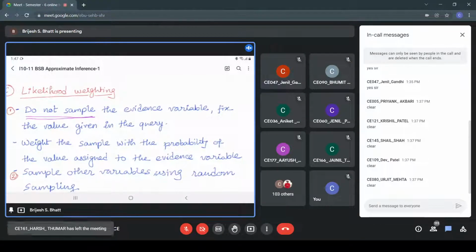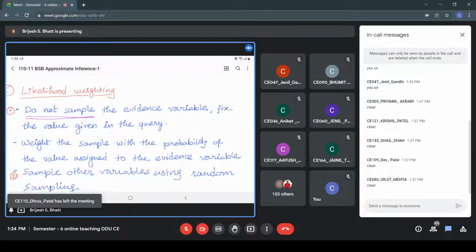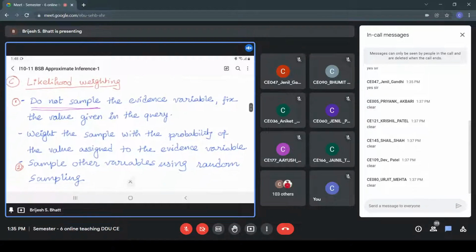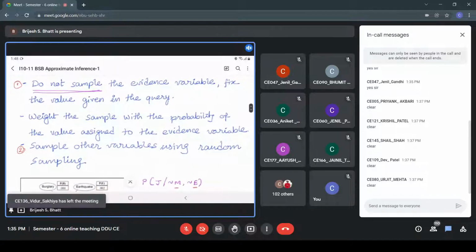Apart from the random sampling technique, all other techniques that we are discussing have the evidence value same as the inference query. So do not sample the evidence variable, fix the value given in the query, weight the sample with the probability of the value assigned to the evidence variable. We will see what it means, and sample other variables using the random sampling technique.